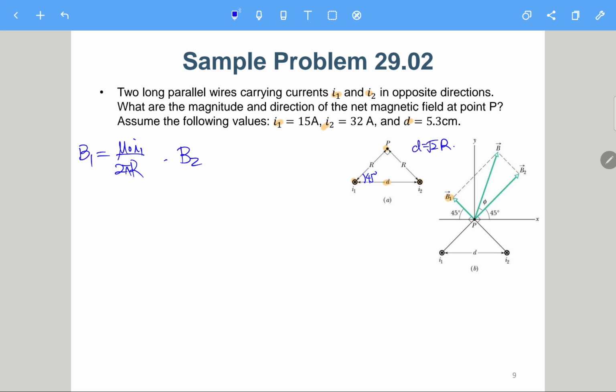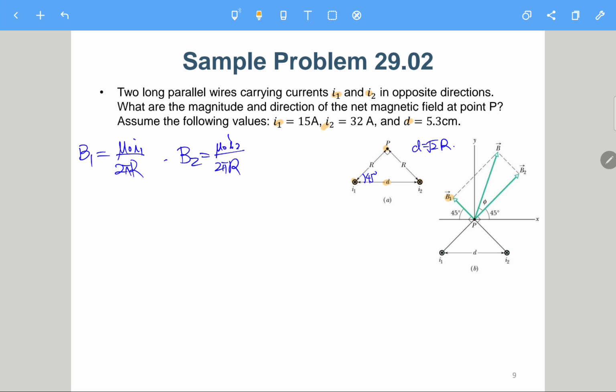And B2 is going into the page. It is still a long wire, so it is still mu 0 I2 over 2 pi capital R. Again you use the right hand rule to determine the direction of B2. You use your thumb pointing into the page, and at point P it will point to the top right.